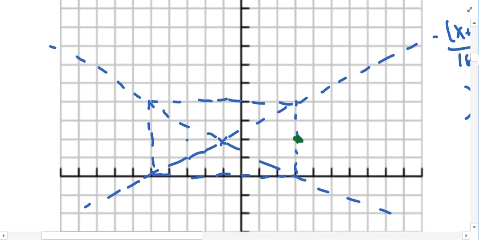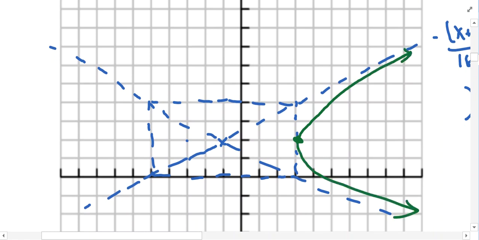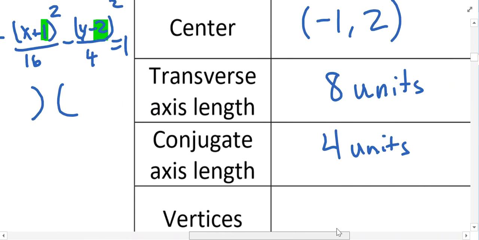One branch on this right-hand side, and one branch on the left-hand side. So those 2 green points that I just plotted, those are my vertices. One happens to be at 3, 2, and the other is at -5, 2.